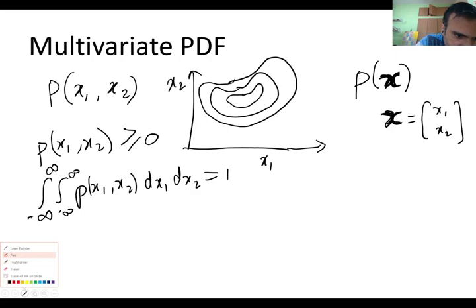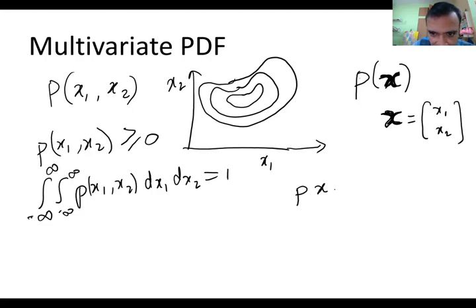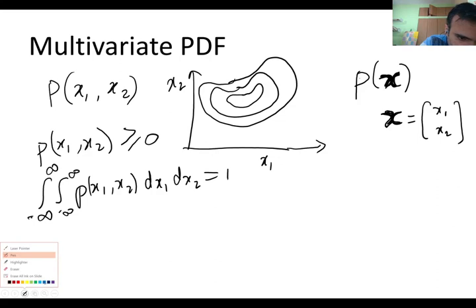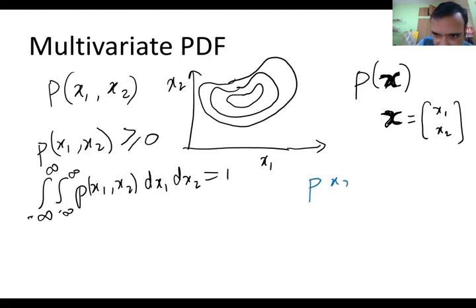So now let's extend some of the concepts that we learned for discrete variables to continuous variables. Let's say I want to find out p of x2 given x1 equal to some value a. The way to do this would be, I will choose this value a.